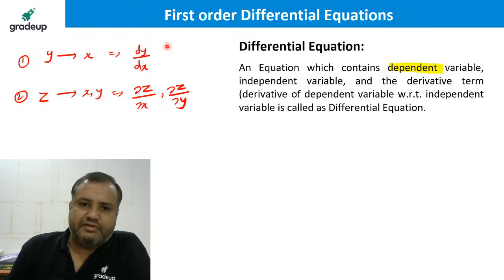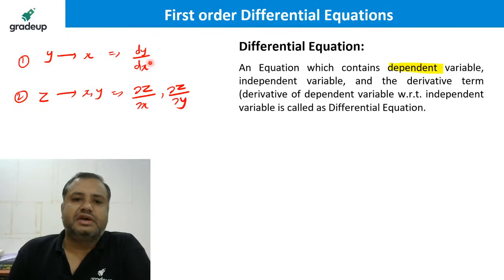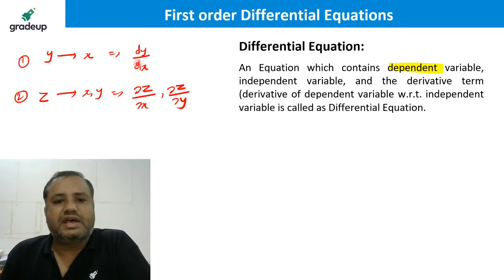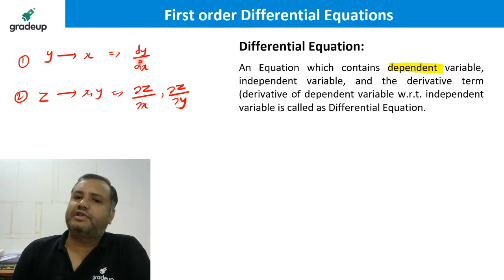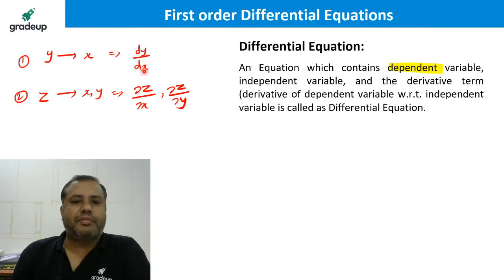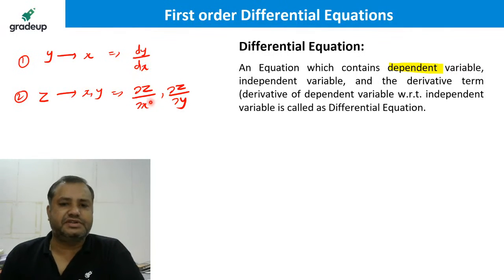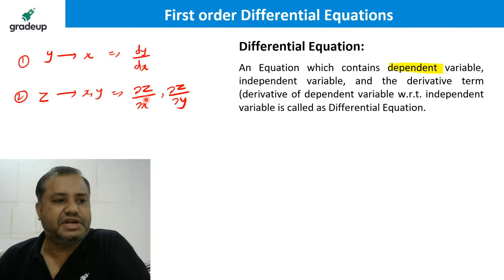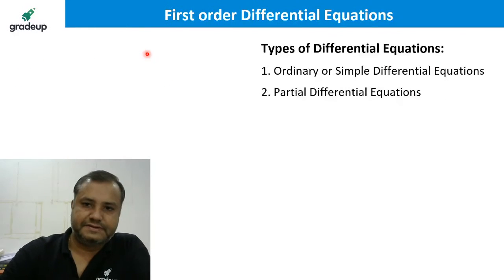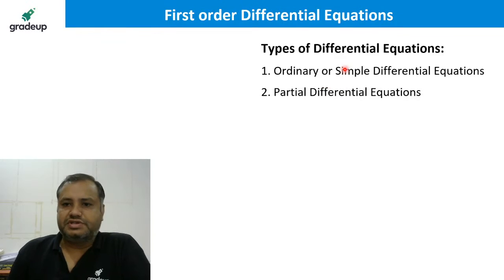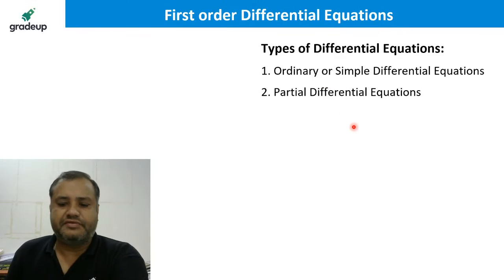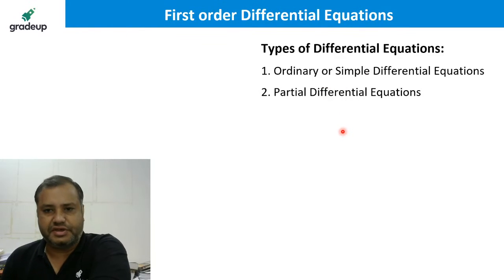If ordinary derivatives are present, the equation is called a simple or ordinary differential equation. Whereas if partial derivatives are present, it is called a partial differential equation. So these are the two classifications: ordinary differential equation and partial differential equation.